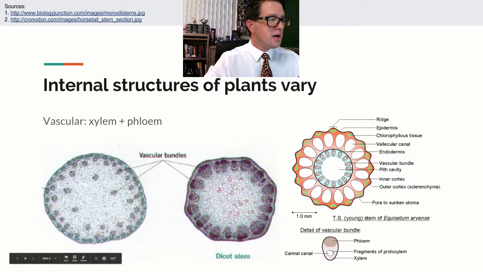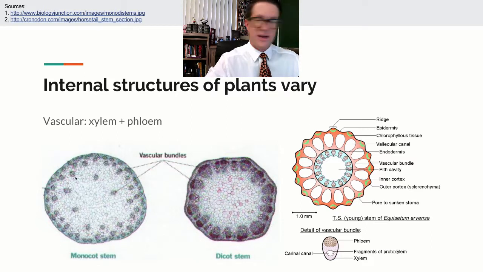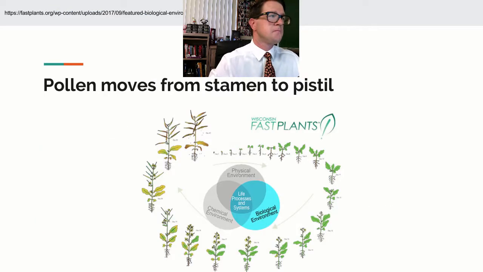But if I look, some happen to have a rather loose-looking set of vascular bundles, xylem and phloem, and others have very defined xylem and phloem. These differences end up helping us figure out these things that we call monocots and dicots. Cot stands for cotyledon, which is a primitive leaf found inside of the seed.